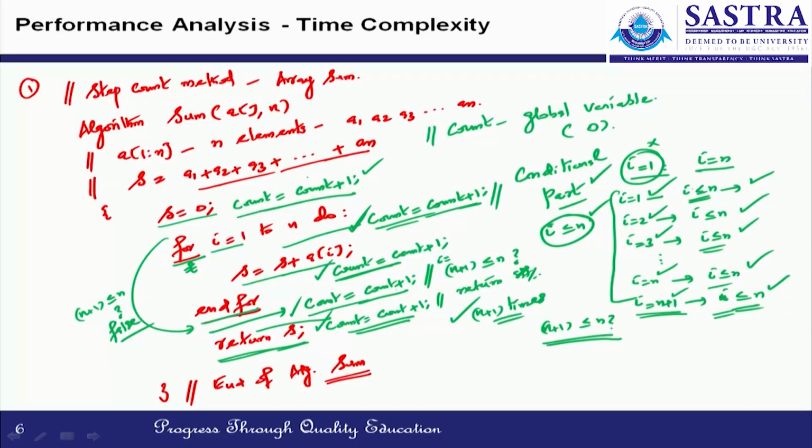Inside the for, for each value of I, count is incremented twice. For I is equal to 1, count is equal to count plus 1 is executed, then s is equal to s plus a of I, after this count is equal to count plus 1 gets executed.